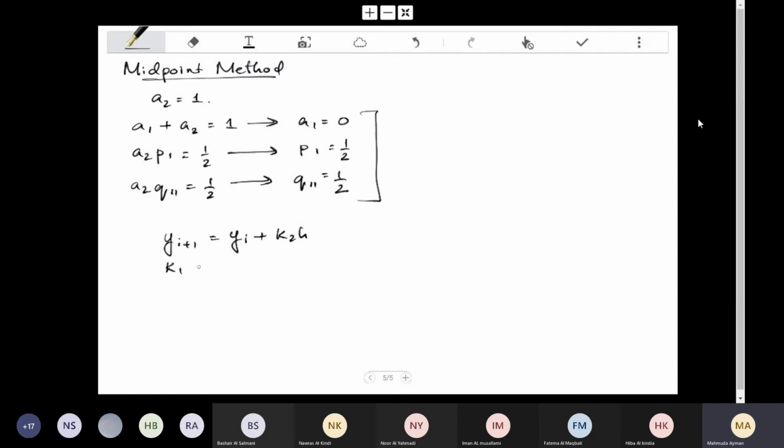And for k1 we have the function at xi, yi.